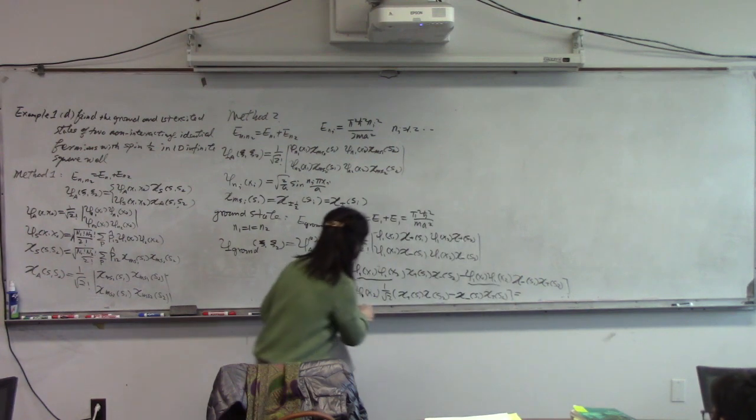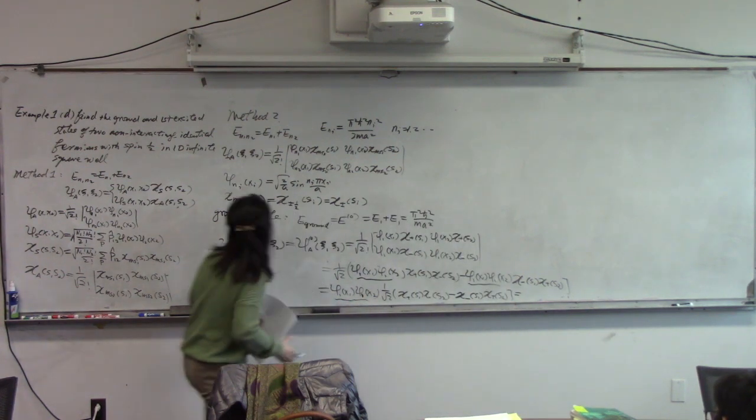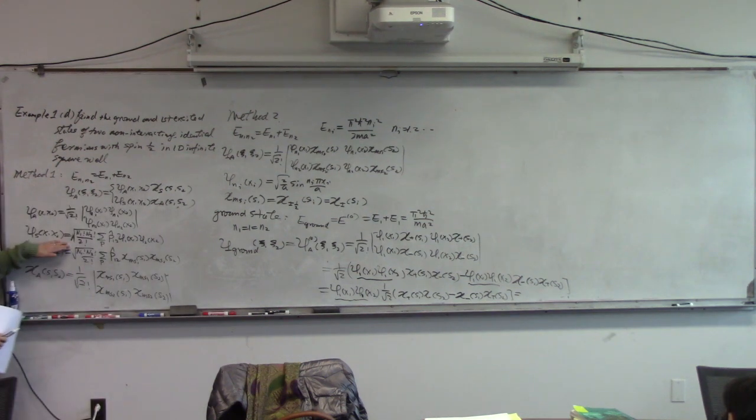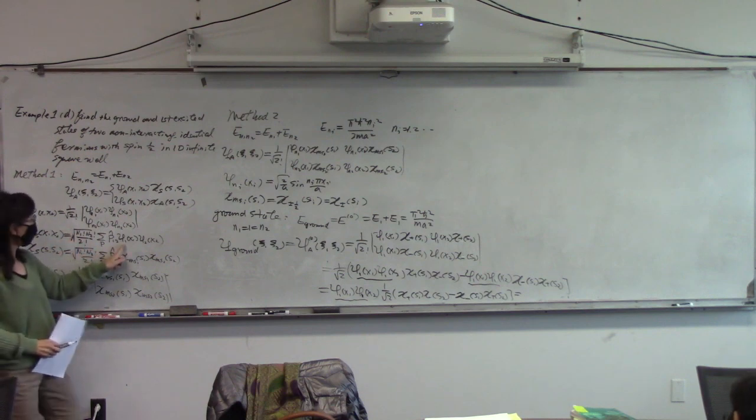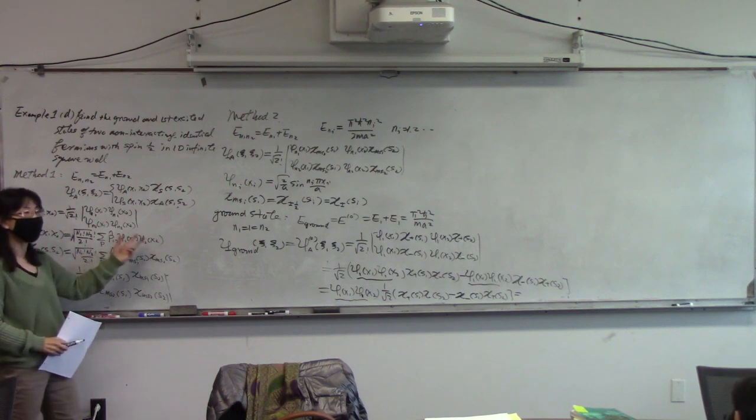So here, this one, you look here, that is for the case when n1 equal to 2, n2 equal to 0, because the 2 are in the same state, right? So the factor is 1. And here, this is 1, this is also 1, so there's no permutation.